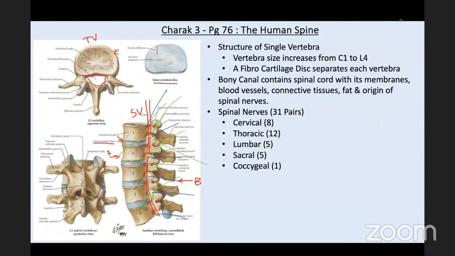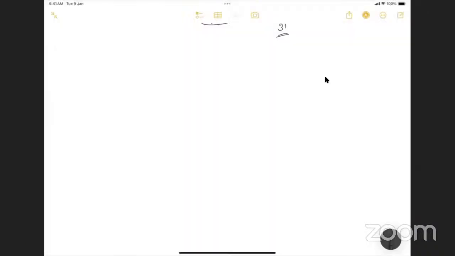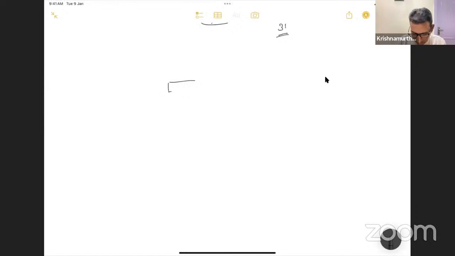If you consider fingers as vertebrae and the gap between two fingers as the nerve coming from there, that is how it is. Let's say vertebra 1, 2, 3. In the upper part of the spine the fusion is not there. When you see the sacrum, there is fusion. When you see the coccyx, there is fusion of the nerves.